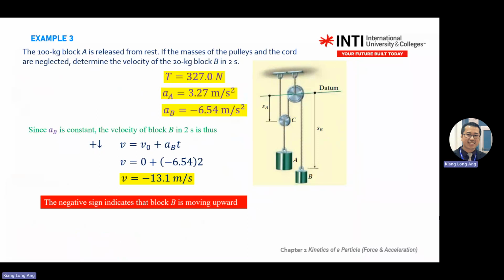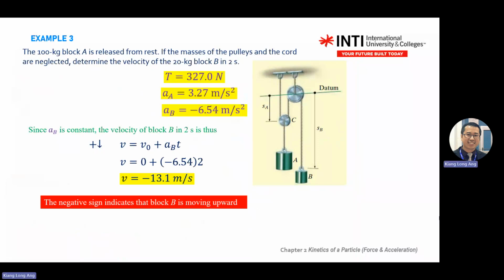And it means what? Negative means, because your datum goes down positive, you get negative, means the object moves up. So it agrees with your hypothesis and in logic also. Because you let go, A is heavier, this one will go up. So it makes sense.